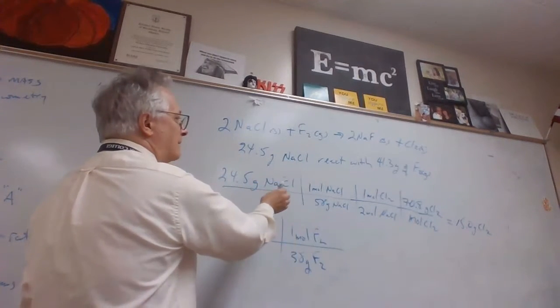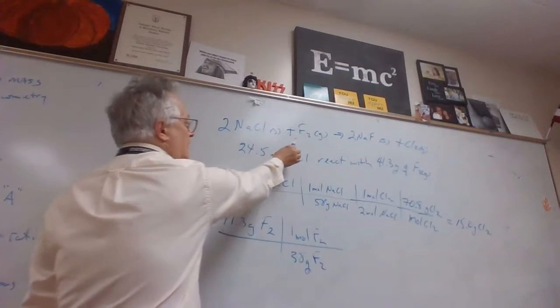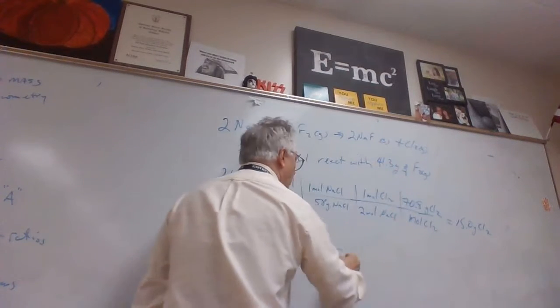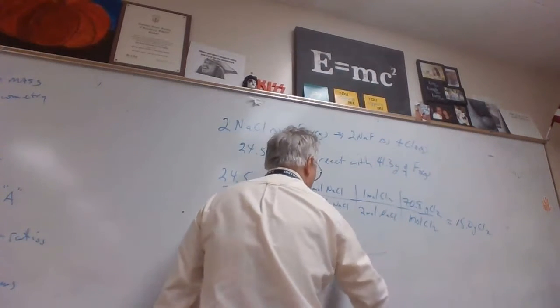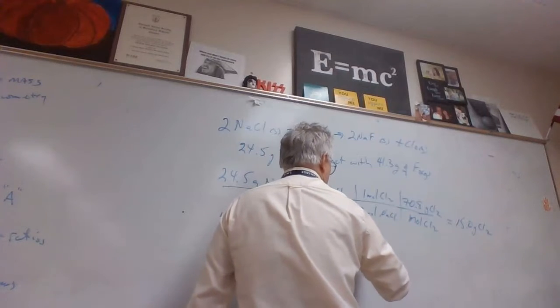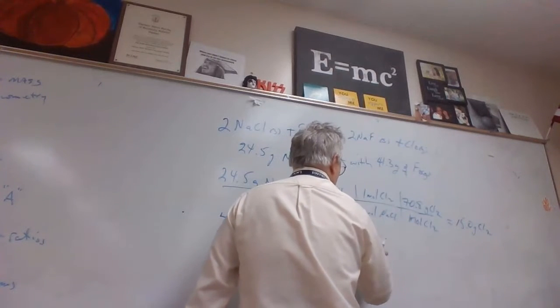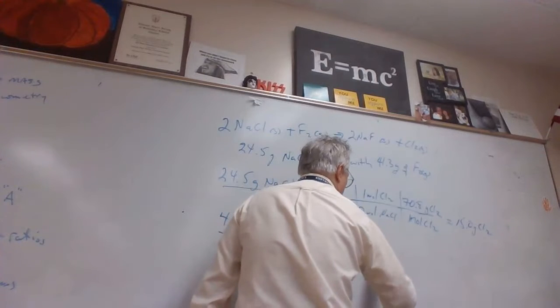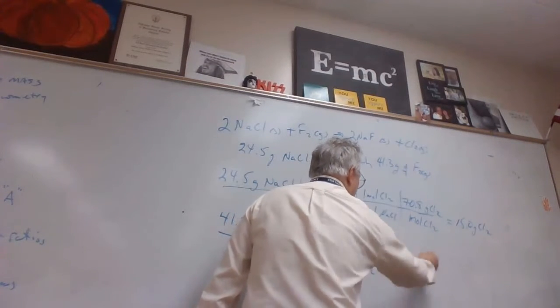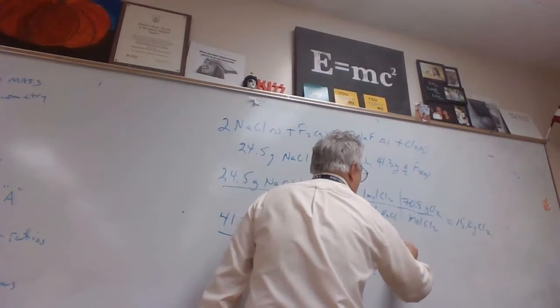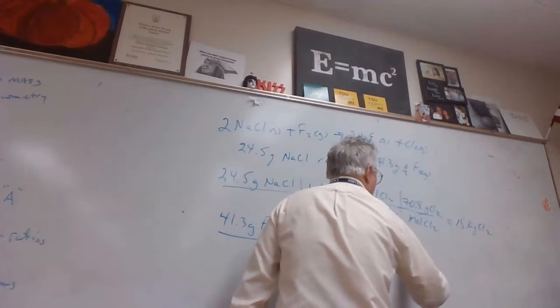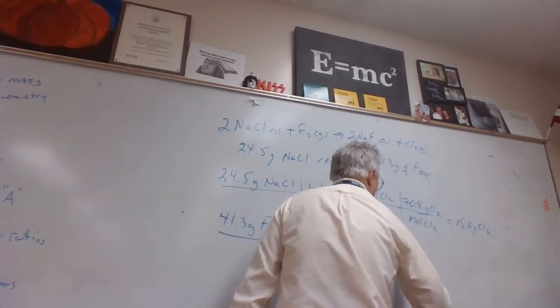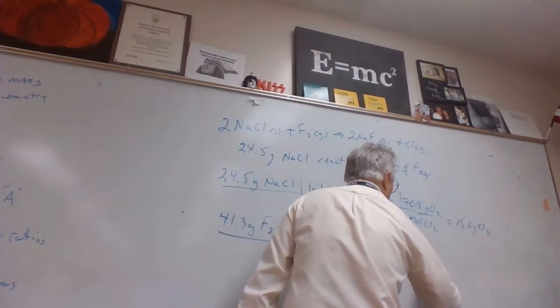And it just so happens that fluorine and chlorine are in a 1-to-1 molar ratio. 1 mole chlorine to 1 mole fluorine. And then again, we've got 70.8 grams of chlorine for every 1 mole of chlorine.